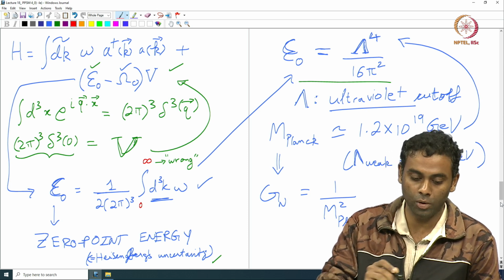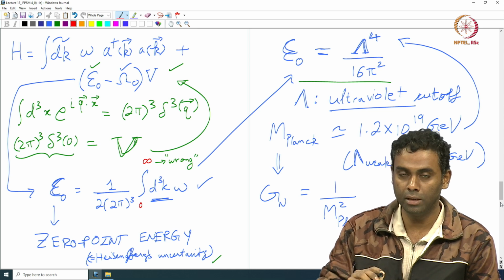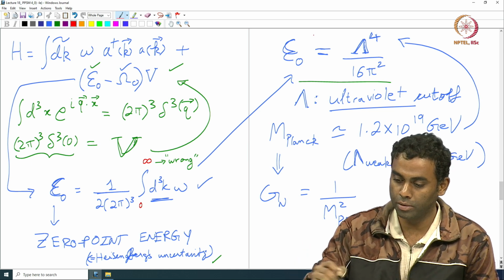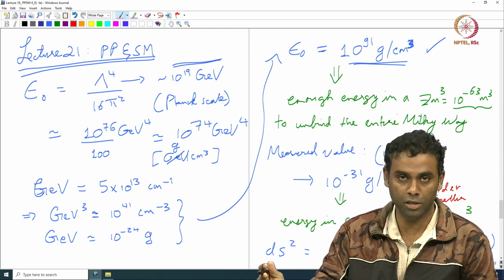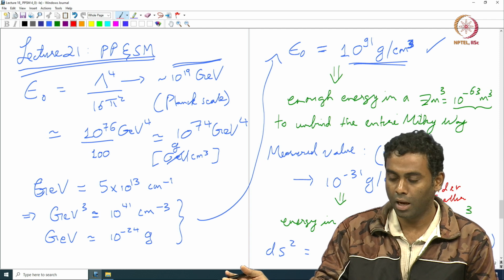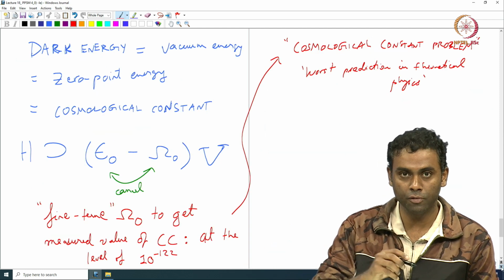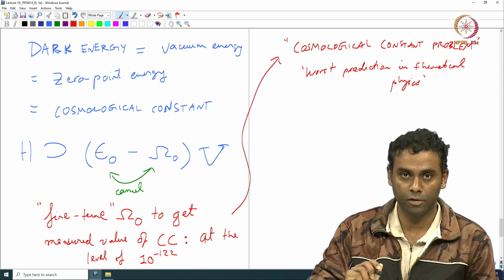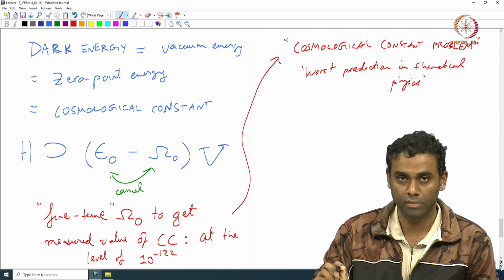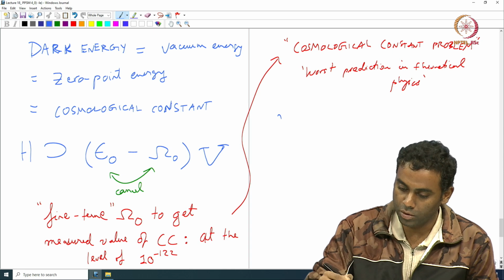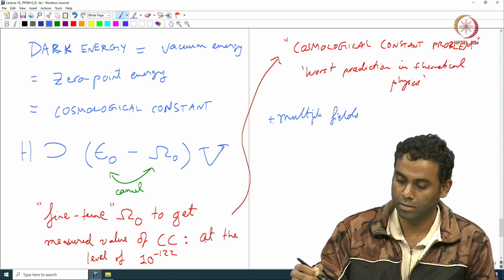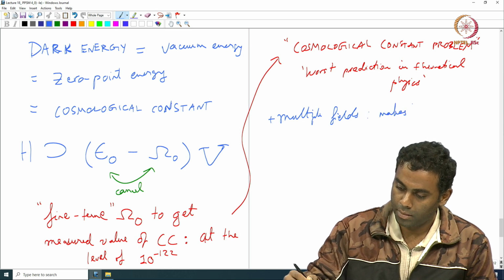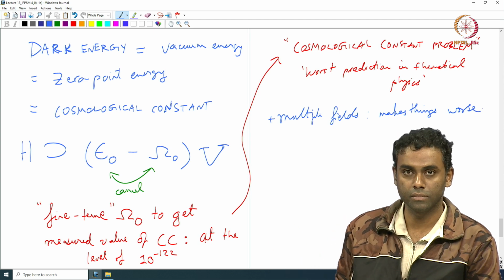Because all those fields now have a 0 point energy. Whatever they may be, they would all get to an order of magnitude that's around 10 power 91 grams per centimeter cube. That's the contribution from all of them. And then I have to now fine tune the contributions of all these other fields as well in order to get a very small number, right? So let me just write it down. Multiple fields makes things worse. Okay.